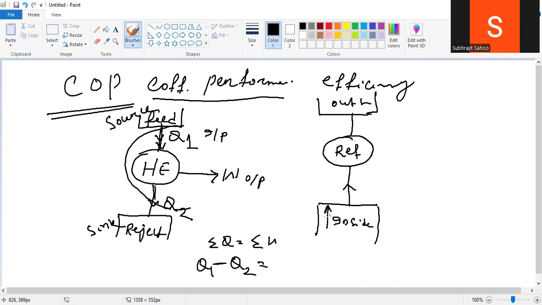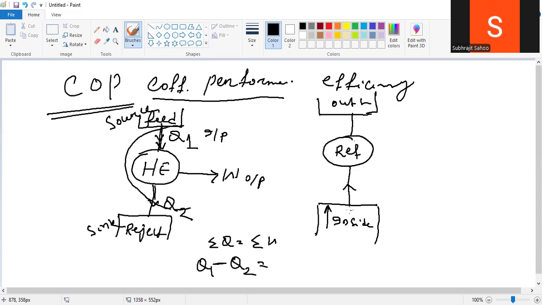You are storing some items, food items, vegetable items, drink items, cold drinks, water, milk also, like this you are storing inside. Because you are bringing those items from the atmosphere, from the market, and putting them inside the refrigerator, those items have to release heat.